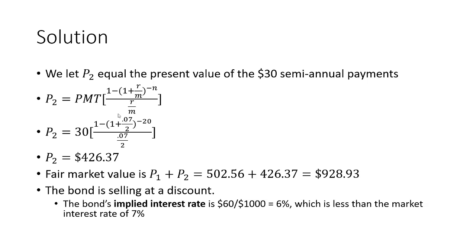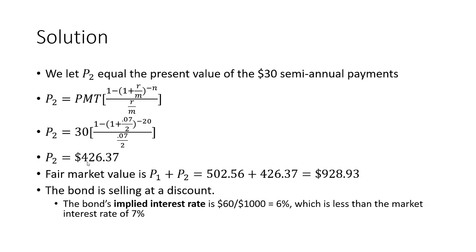If a payment is made the same amount on a fixed schedule, like semi-annually, twice a year, or quarterly, 4 times a year, or monthly, 12 times a year, that is a periodic payment. Periodic doesn't mean random. It means at a certain fixed schedule, every month, every week, twice a year, once a year, whatever. And then we see R divided by M, negative N, that would be M times T.